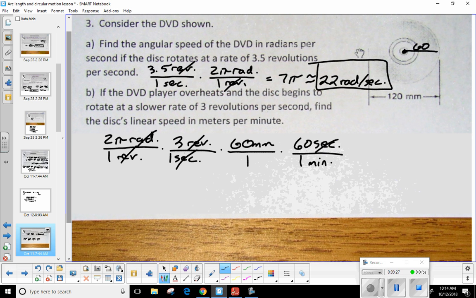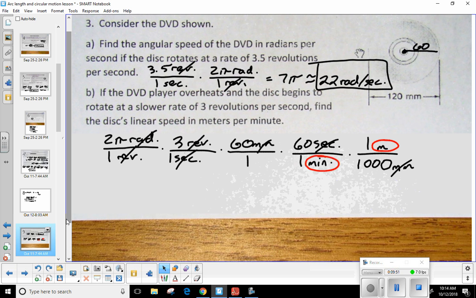Now, how many millimeters are in a meter? 1,000. Okay, very good. So if I want the millimeters to cancel, I've got to put 1 meter over 1,000 millimeters. So now those are going to cancel. So it looks like I am left with meters per minute.